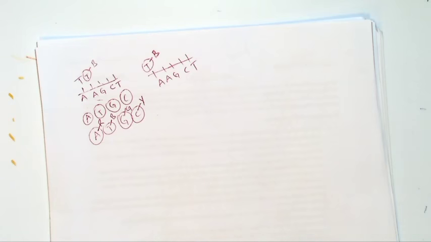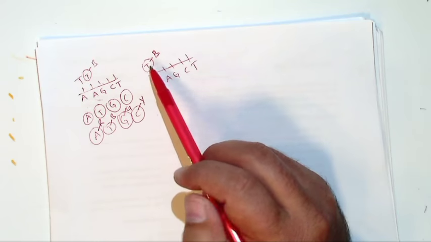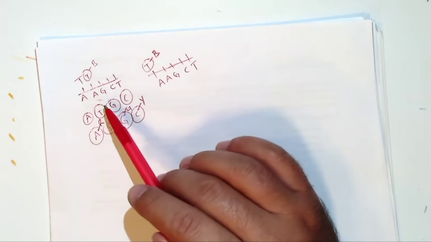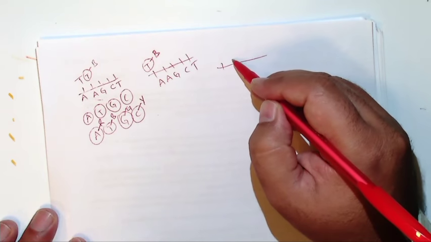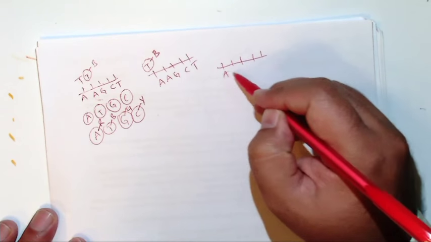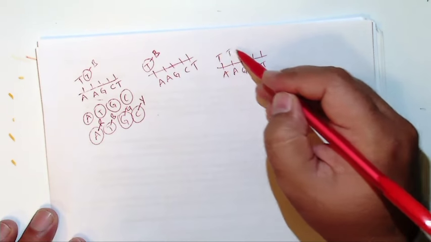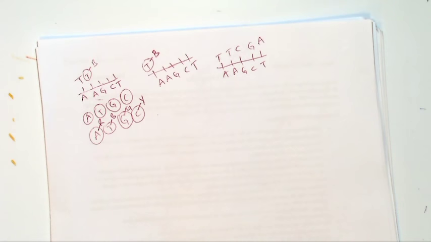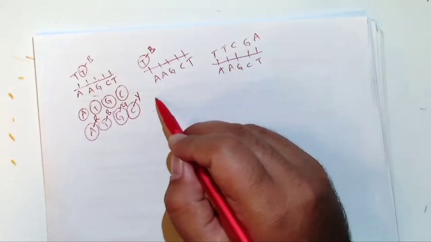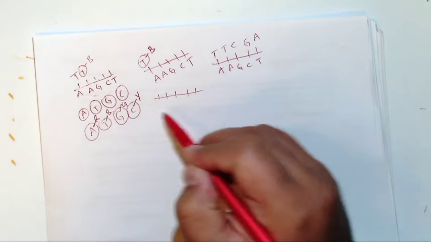There are some sequences where randomly it will stop at the first place, some which will stop at the second place, and some which may go all the way without having any fluorescent base. Let's draw all the combinations. What can be possible?